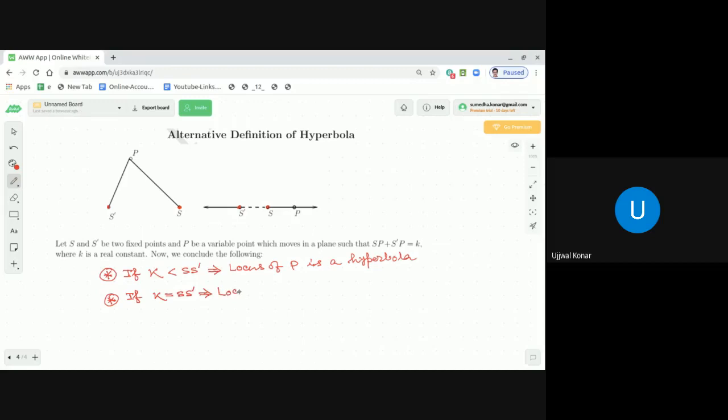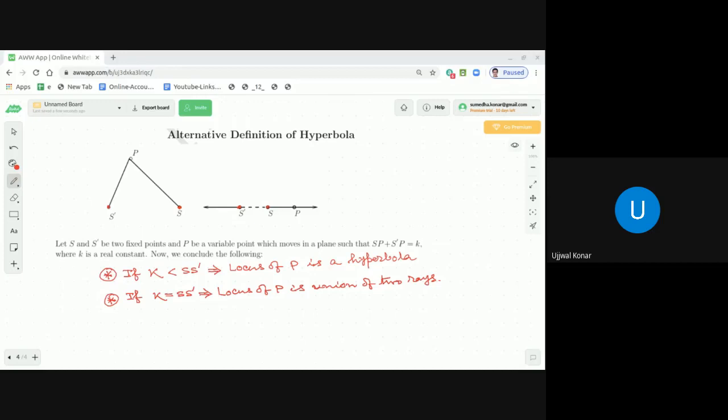So we can say that locus of P is union of two rays. Correct, dear students? I hope it is absolutely clear. Any doubt, please never hesitate to let me know.